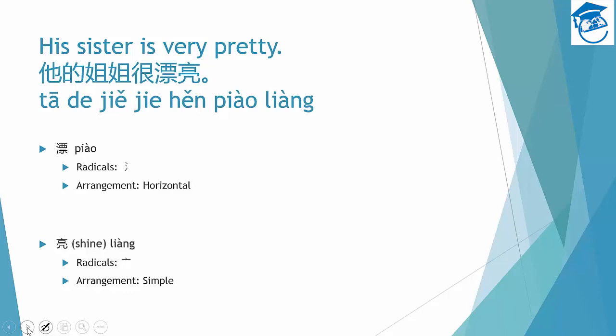His sister, very pretty. Okay? 是 is only to indicate that this object is something. And if you want to add a description, you have to add 的 in front of the object, while the object can be omitted if it's understood.